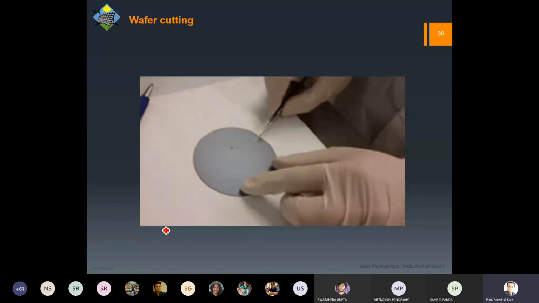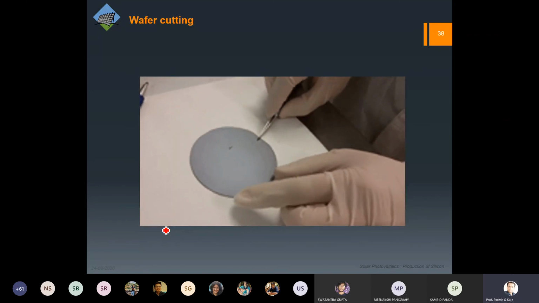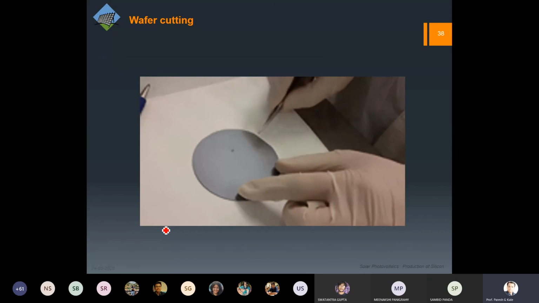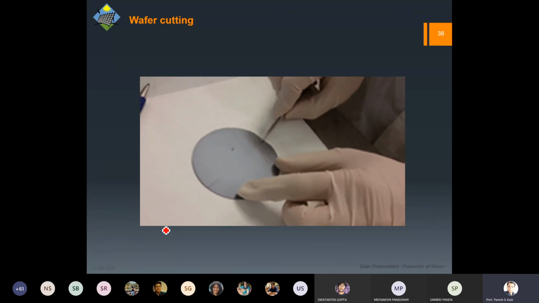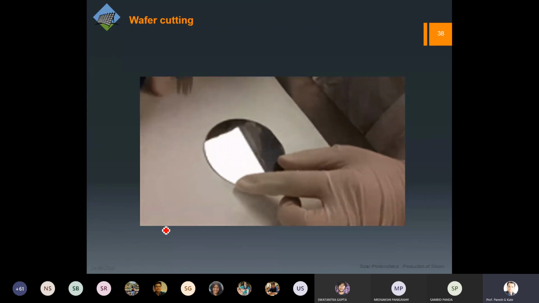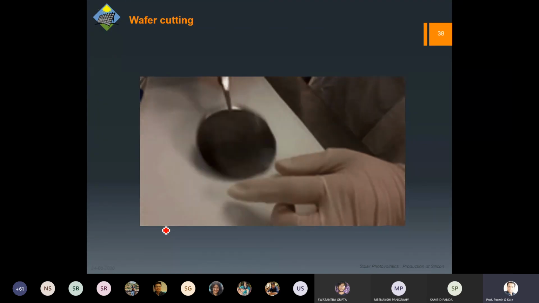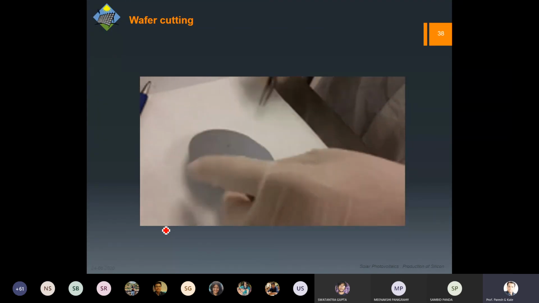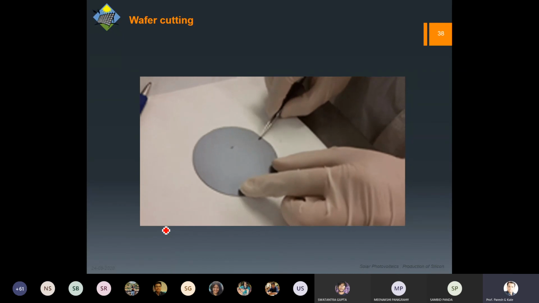How is the glass cut? They will put a mark with a diamond cutter. After that, he will simply tap on the smaller part, and you will see that the glass cuts exactly where you have marked with the diamond cutter.